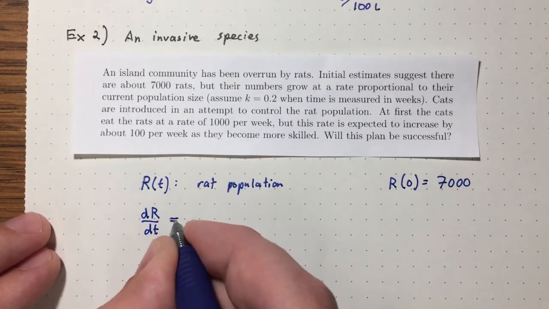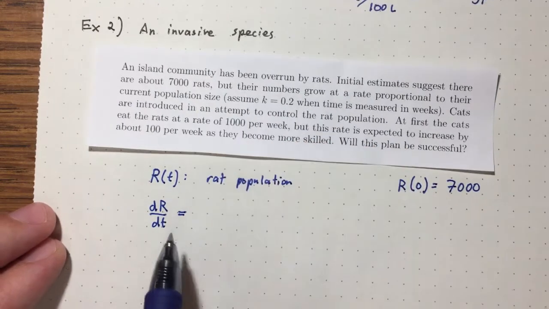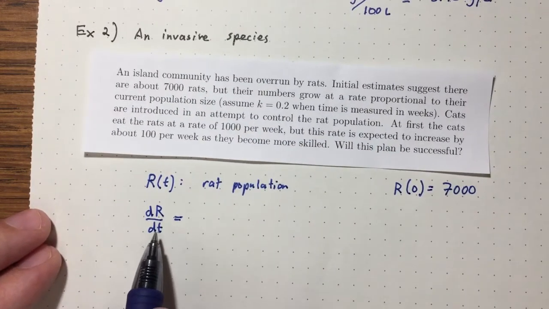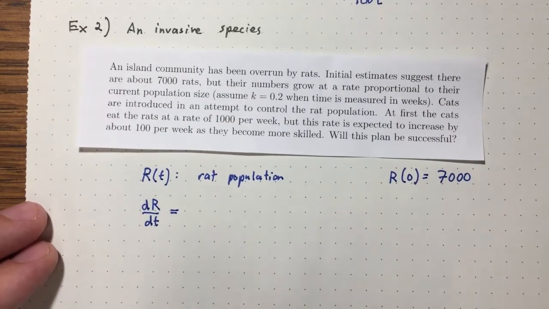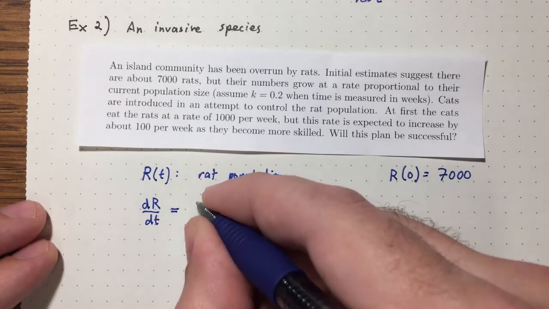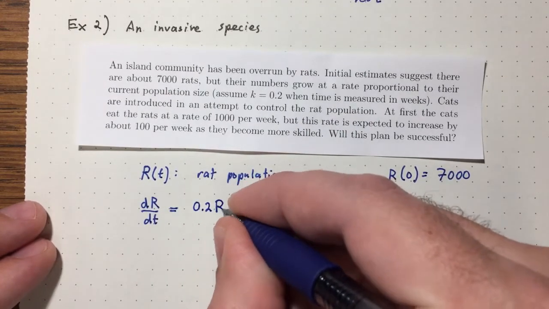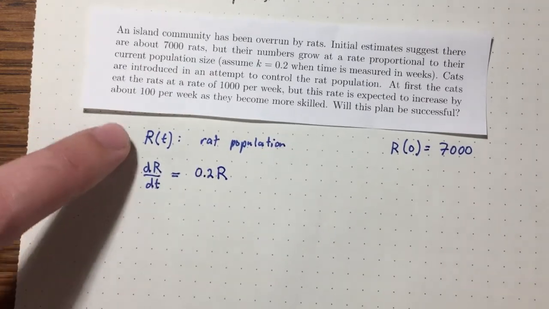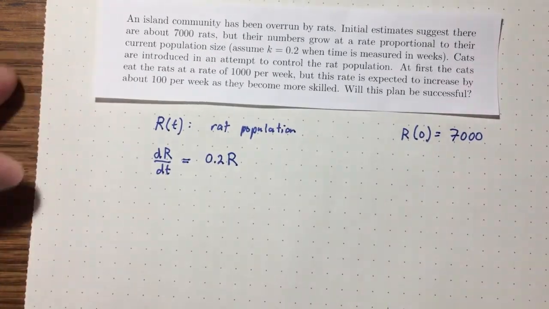So dR/dt is going to equal, how is the rat population changing? It's changing at a rate proportional to the population size itself, right? And we know the proportionality constant is 0.2. So it's 0.2 times R, the current population size at any time.